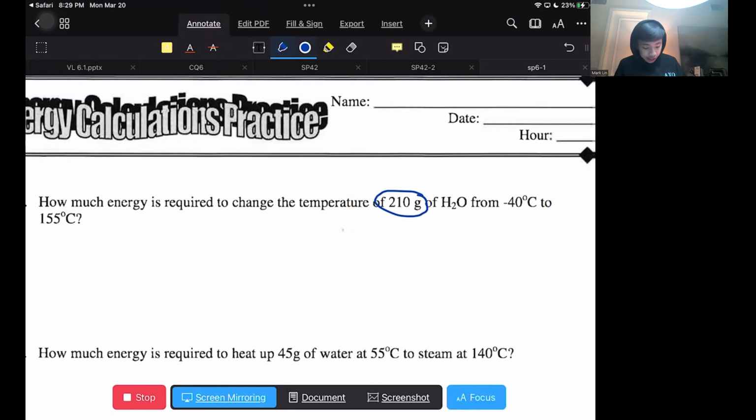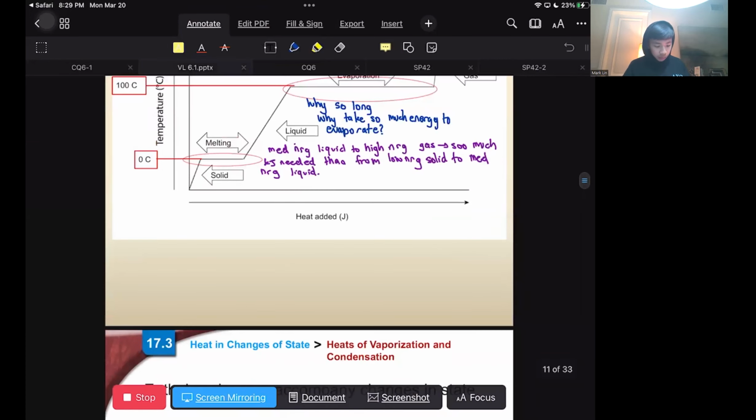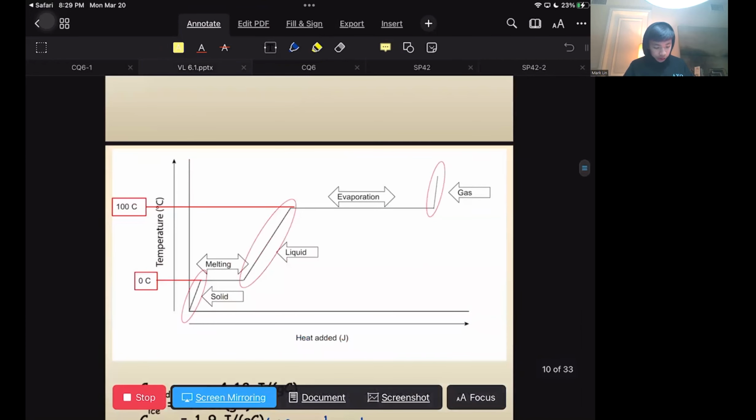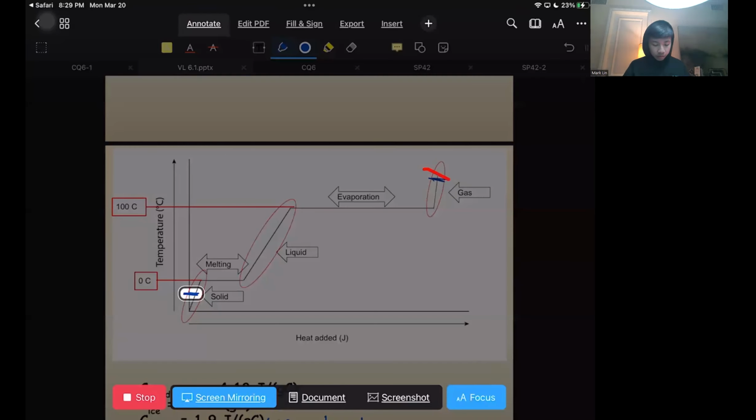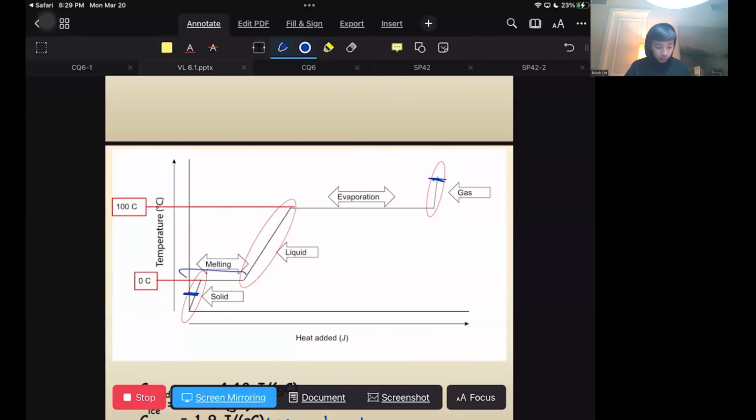What this tells us is, if we look back at 6.1, -40 degrees is somewhere right here, and 155 is somewhere up here. So when we go from -40 to 155, we go through melting and also evaporation.